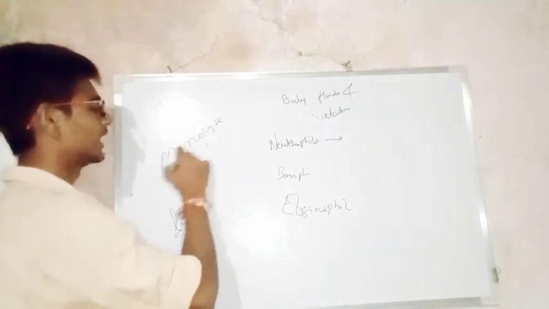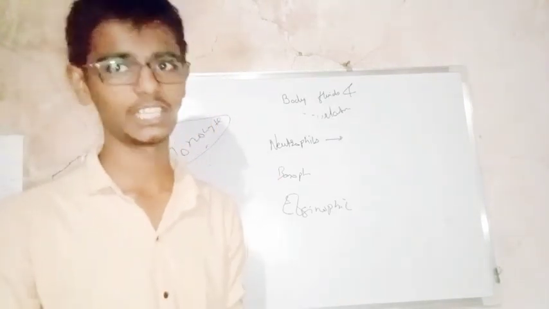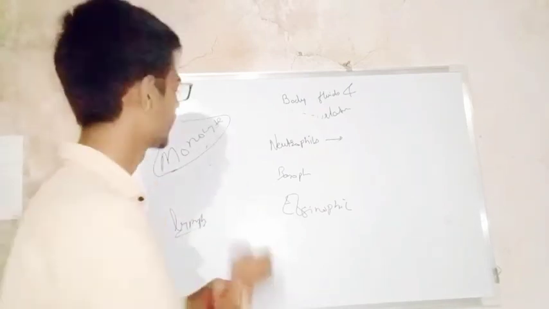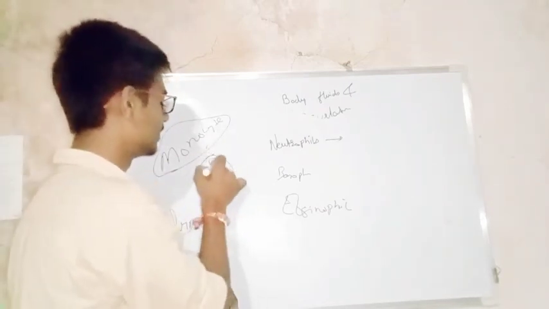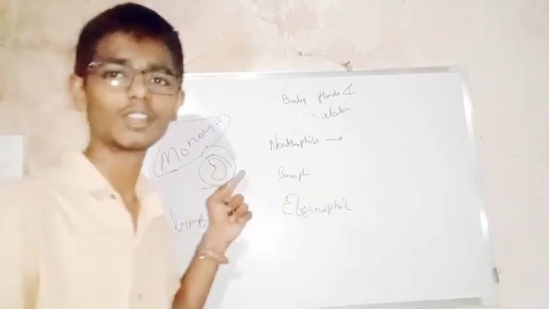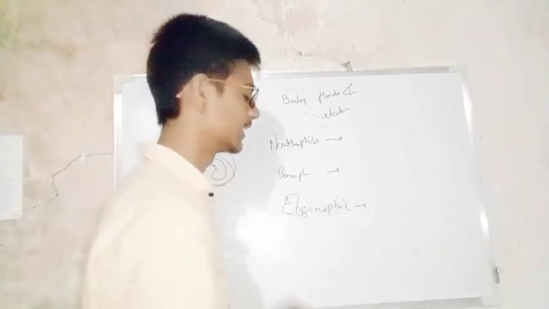For monocyte, remember mono for kidney shape. Monocytes are kidney shaped, and you know how a kidney looks. So this is not confusing. Confusion is in the neutrophils, basophils and eosinophils.